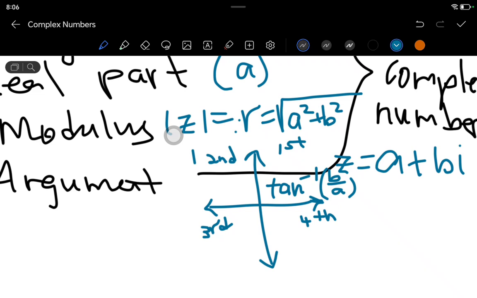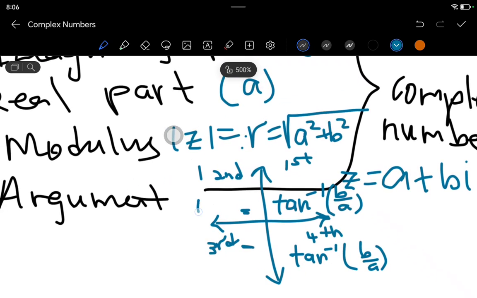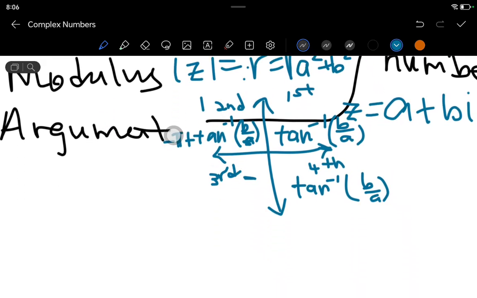It's the same formula on the fourth quadrant, but the only difference is that on the second quadrant you subtract pi, and on the third quadrant you add pi.